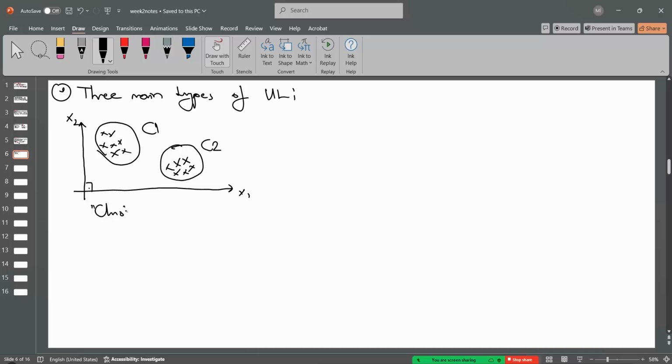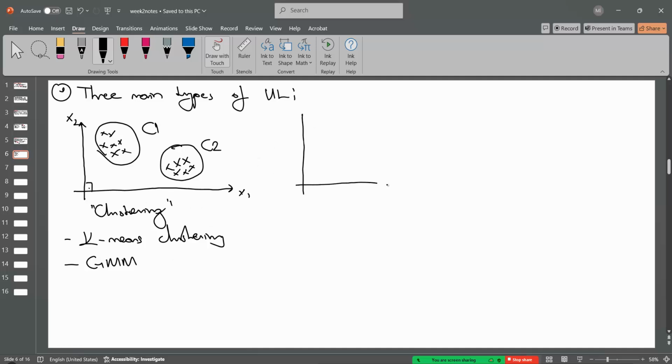Clustering. In Turkish, kümeleme. For example, K-means clustering, or the GMM model, Gaussian mixture model, can be examples of this kind of distributions.